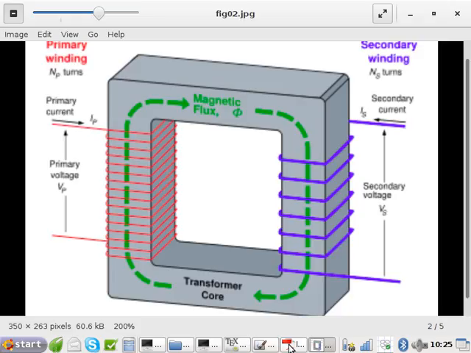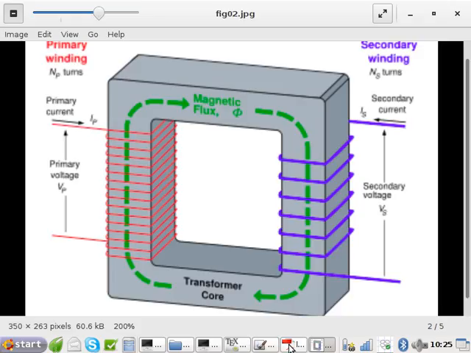And here you have voltage equals N times delta phi over delta T. In this case, the voltage is the voltage that goes in. So can you write this down? V1 equals minus N1 delta phi over delta T. This is V1, the voltage here.